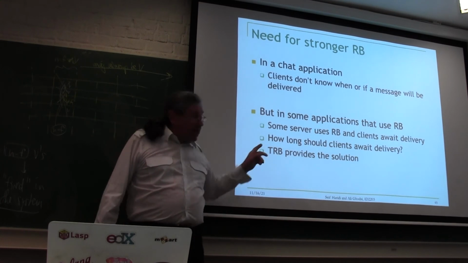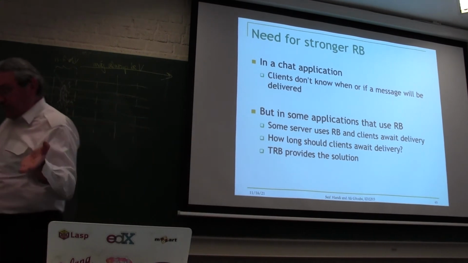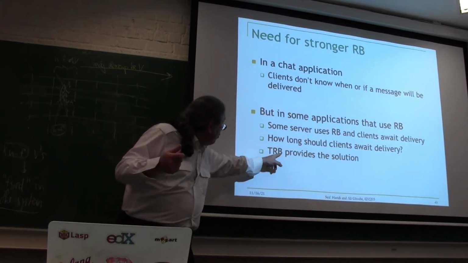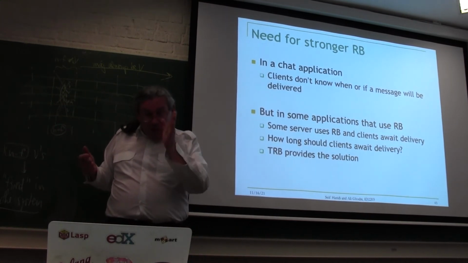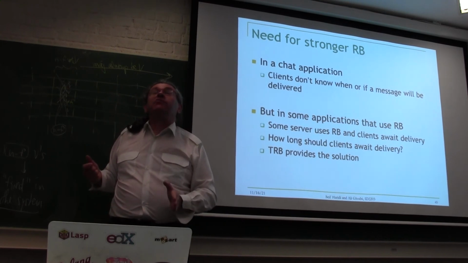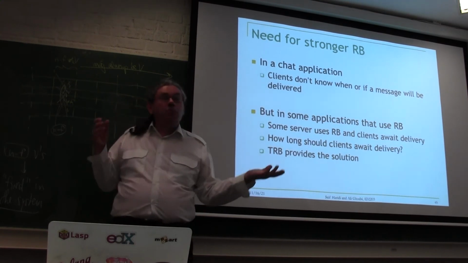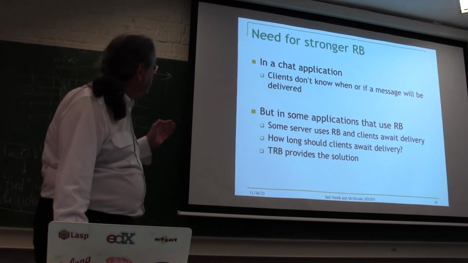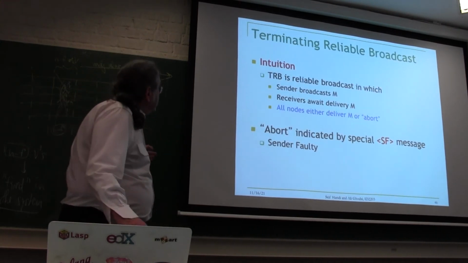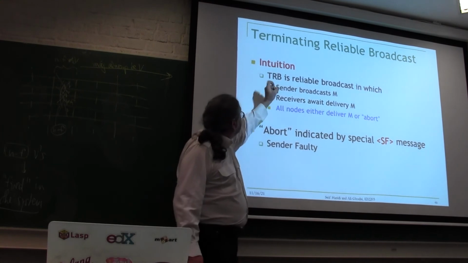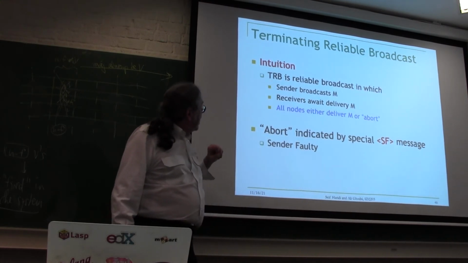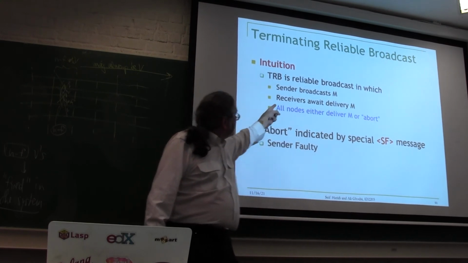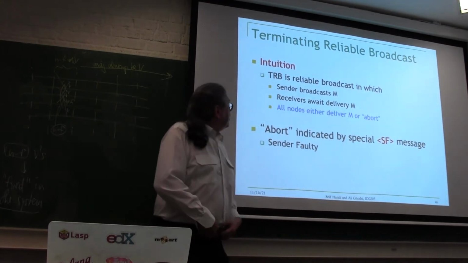So it seems a very small difference, because it's still doing reliable broadcast; the only difference is that now each client knows when the broadcast is finished, whereas in the previous one they didn't know. So, TRB is a reliable broadcast. The sender will broadcast, and the receivers wait for the delivery.